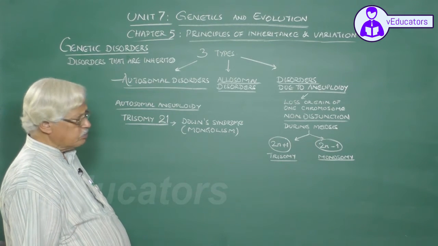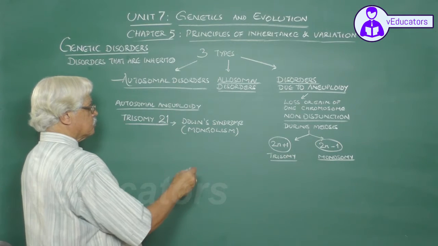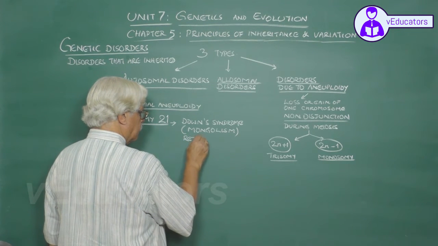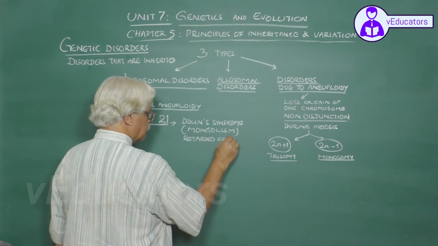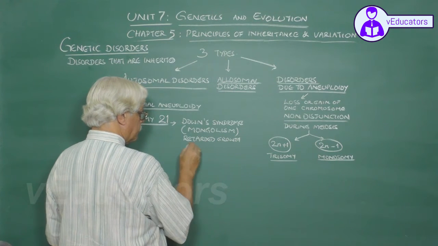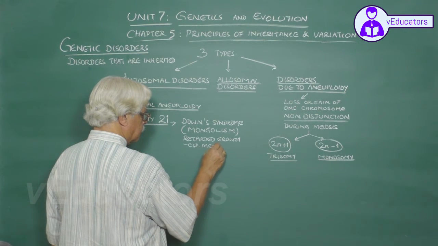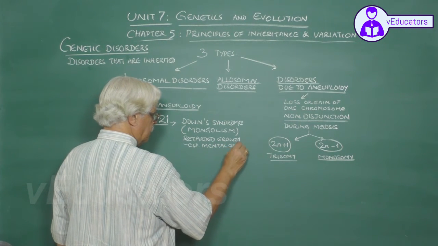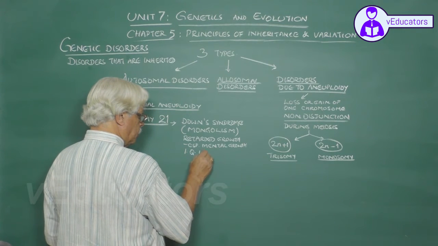In Down's syndrome, there is retarded growth, especially mental growth. The child will have a retarded mental growth, IQ will be less.